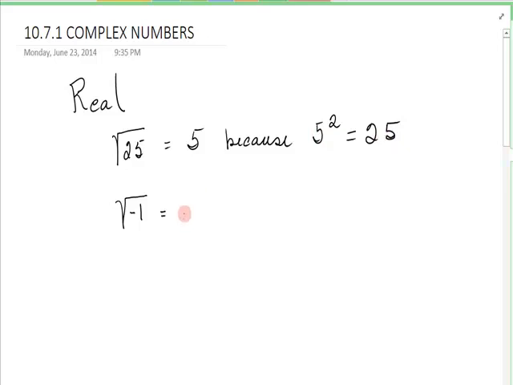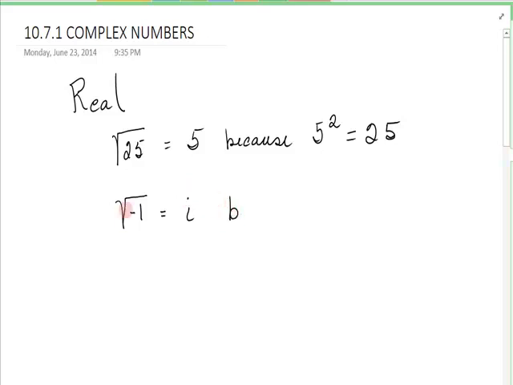Well, mathematicians said that's true. There is no real number that you can square and it becomes negative 1. So we will create a new number, and the new number is called i. And it's usually written kind of as an italicized i.